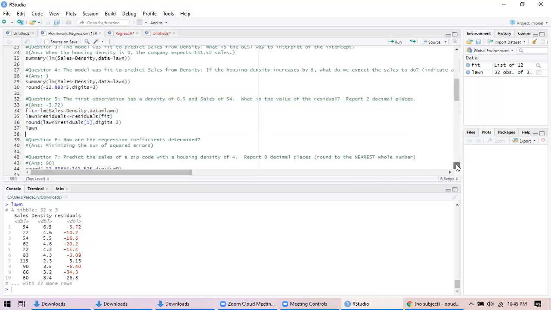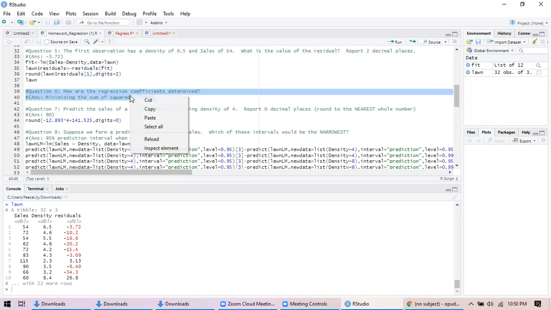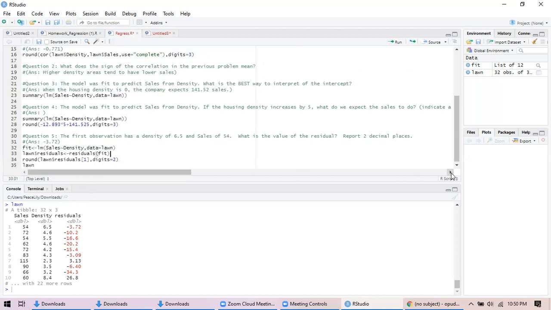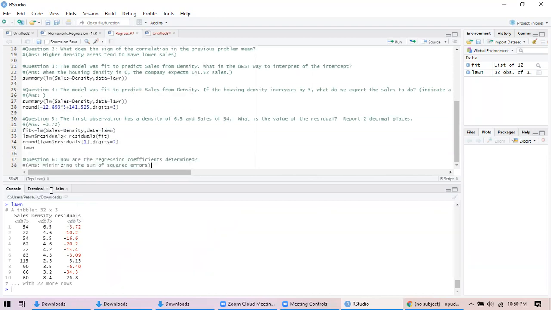Question 6. This one is pretty much just a concept. I'm hoping you can answer this one. Question 6: how are the regression coefficients determined?